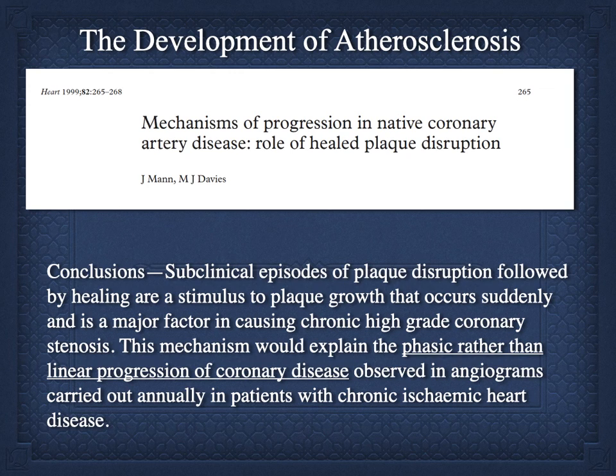But this paper, on the other hand, was an important paper. And this was the Mann and Davies paper back from 1999. And they said that clots, TCFAs, rupture, or plaque erosions occur, clot forms, and then the majority of times it's contained.